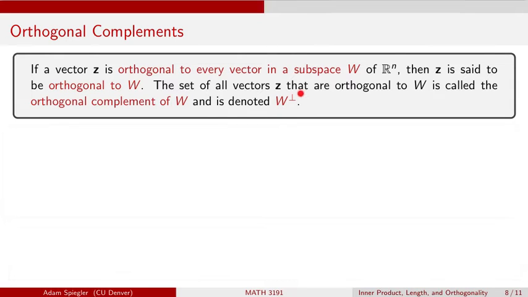So this W with this superscript is telling us orthogonal complement of W. It is the set of all vectors that are perpendicular to every vector in W.